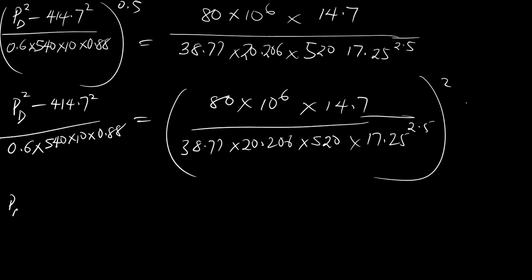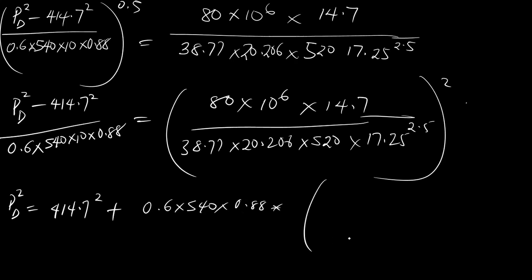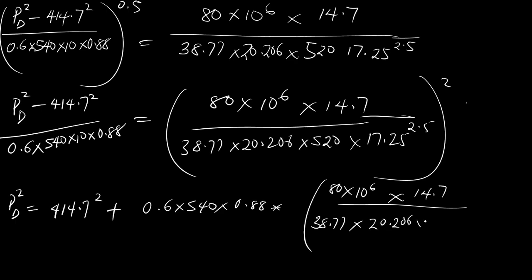So PD square will now be equal to 414.7 square plus 0.6 times 540 times 0.88 times bracket open 80 times 10 raised to power 6 times 14.7 divided by 38.77 divided by 20.206 divided by 520 divided by 17.25 raised to power 2.5, all square.